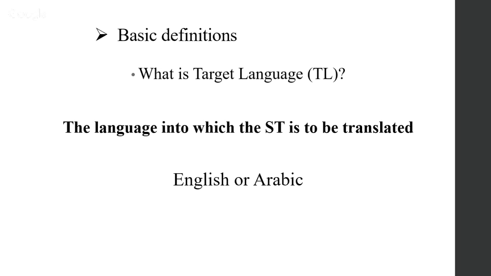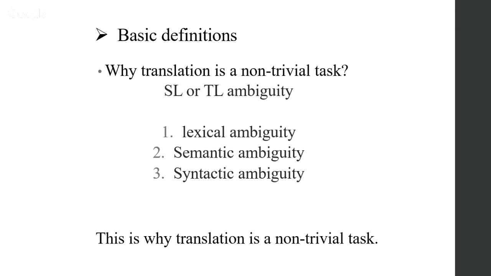So the target language, the language into which the source text is to be translated, which of course in our presentation today is English and Arabic. So why is translation a non-trivial task?